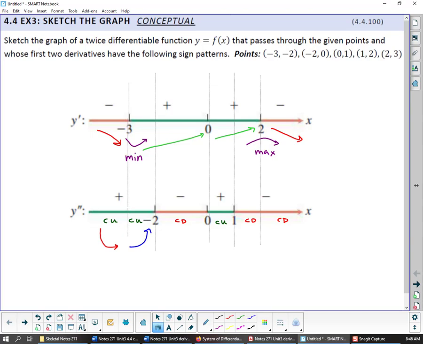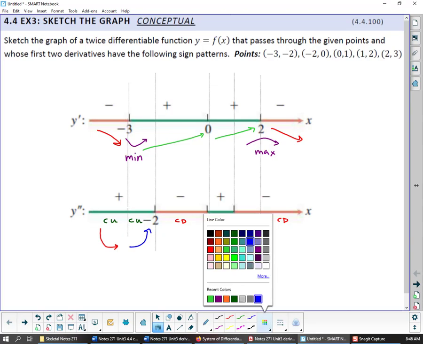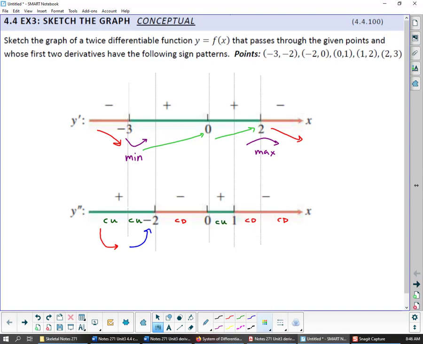Now, at x equals -2, we have another change. We are increasing, and then we are concave down. So what does increasing concave down look like? It's the left half of concave down. All right?